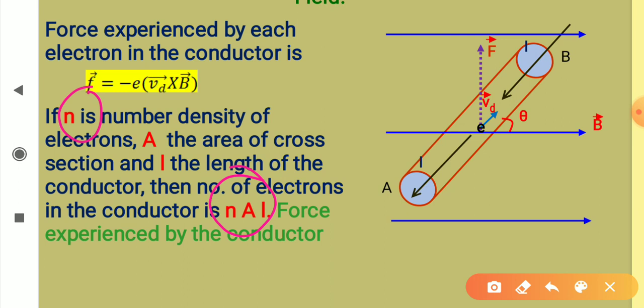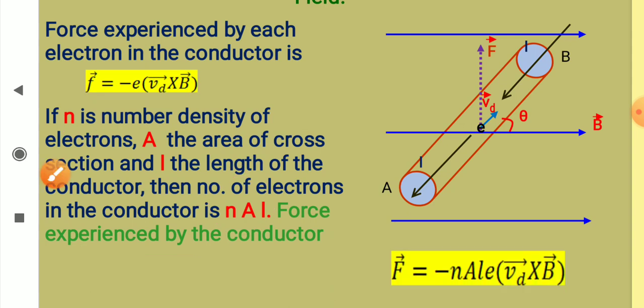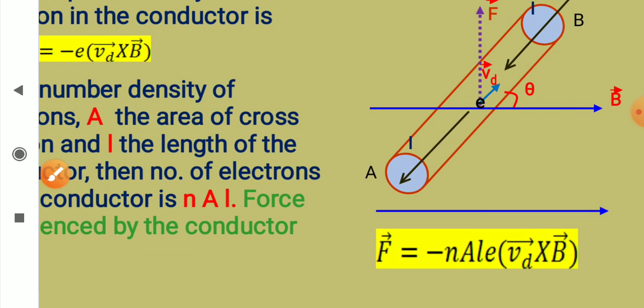So the total force experienced by all the electrons will be equal to the total force experienced by the conductor, and that is going to be this one. You see, multiply the force on one electron by nAL, right?